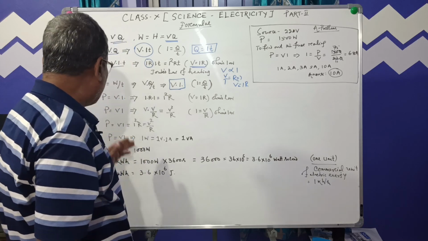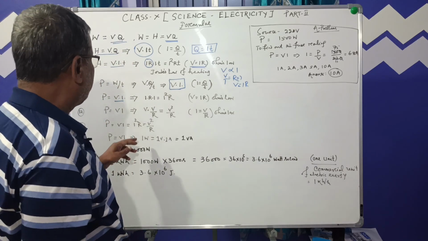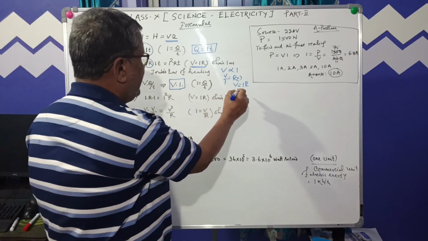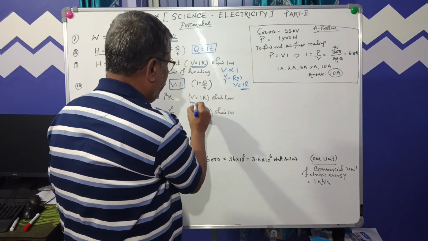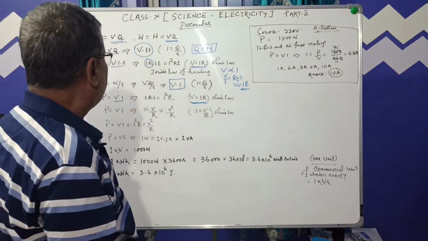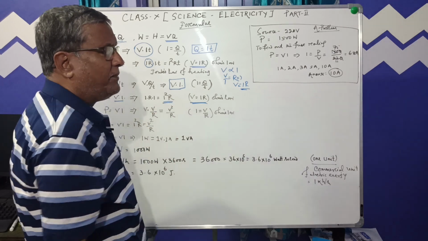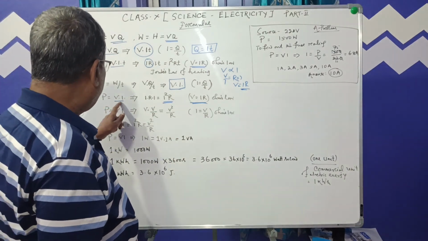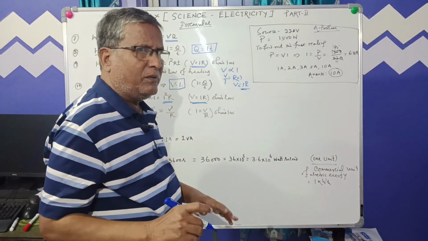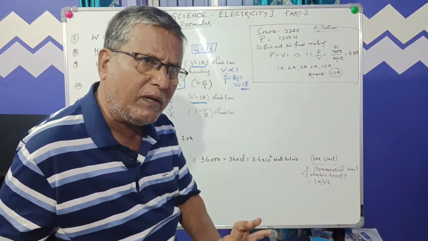Now come to the next one. So P is equal to VI. That implies, you see, in place of V, let us write IR. V is equal to IR, Ohm's law. So IR into I. Now we get I square R. That is another formula. P is equal to VI, P is also equal to I square R. So in different situations we have to apply different formulae.